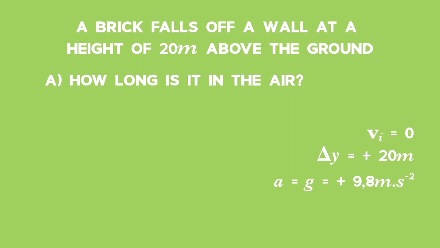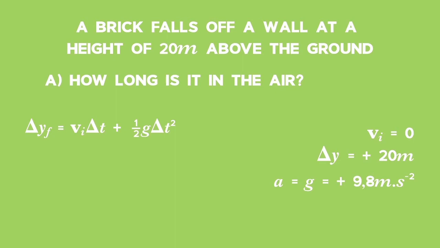Look at the question. We see that it is asking for time, so we use an equation of motion that does not have the final velocity in it. The change in position is equal to the initial velocity times the change in time plus half times gravity times the change in time squared.